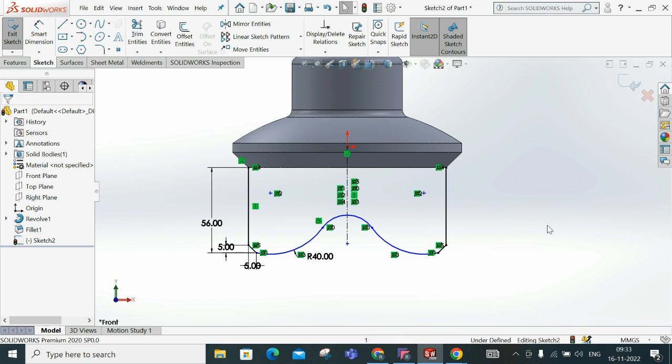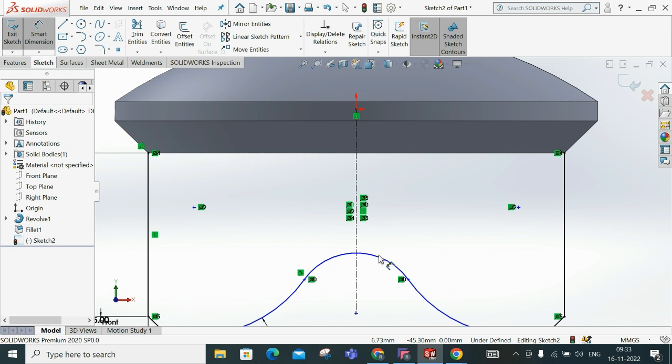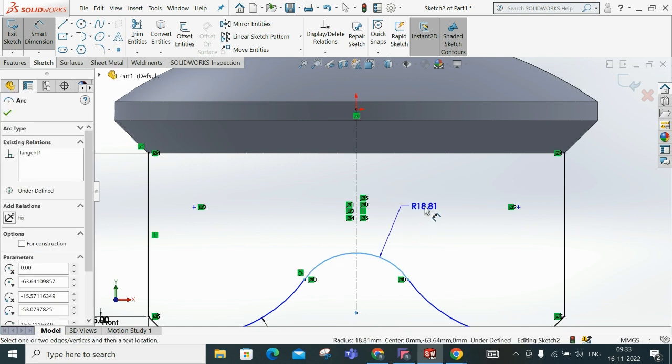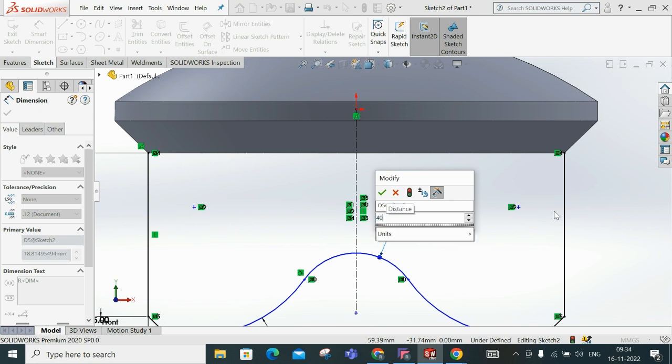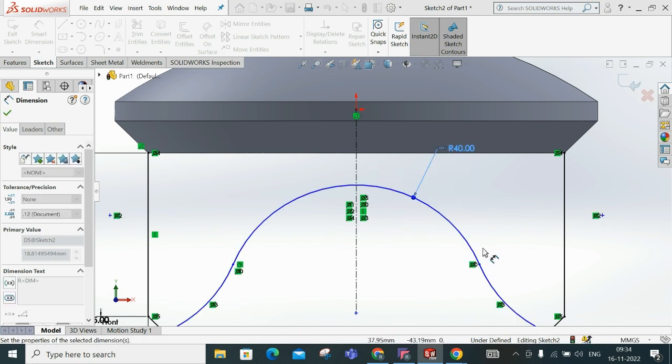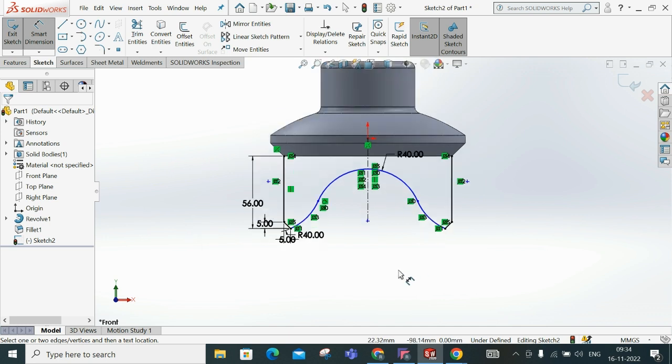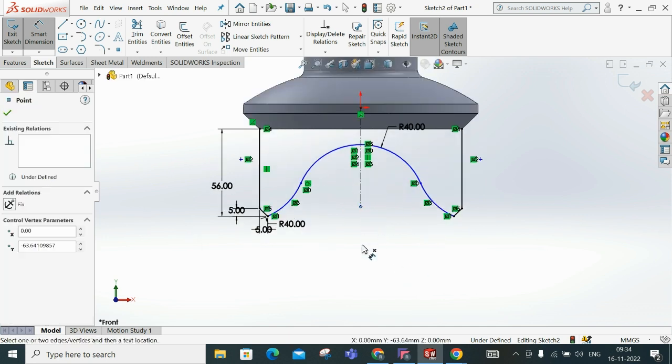Oh, okay, that's a problem. That's another problem. Okay, let it be 40. 40.